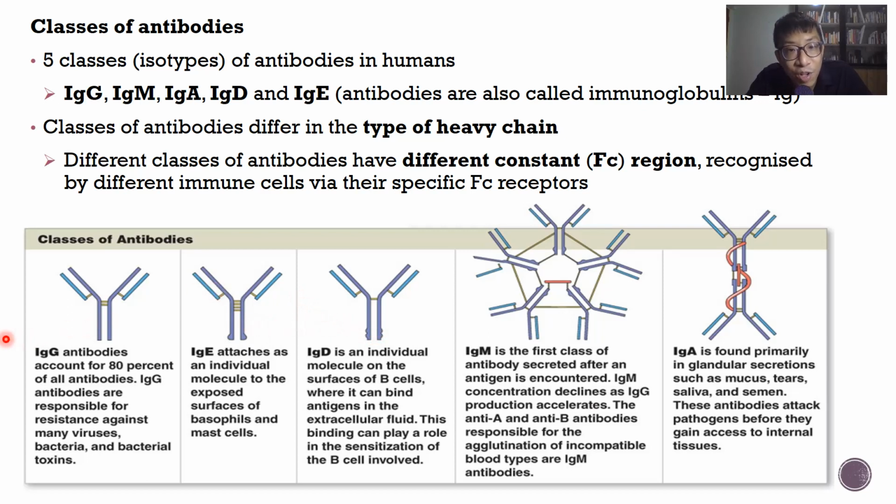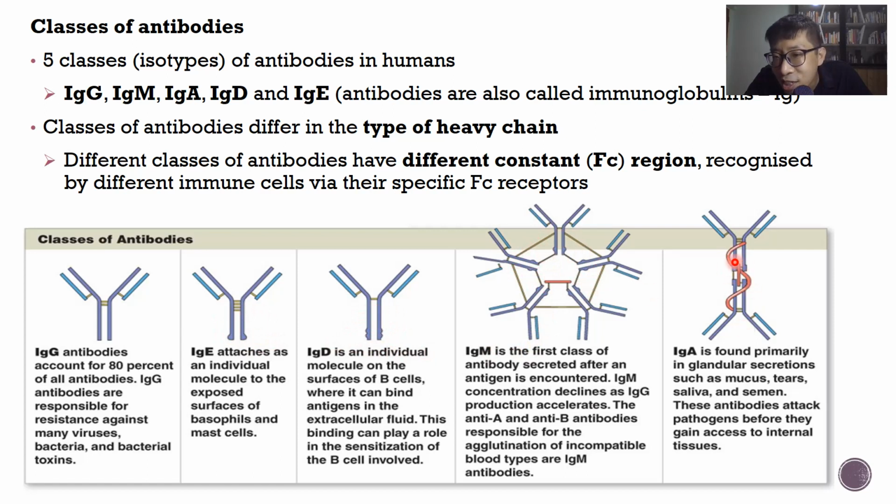in terms of structure, but they have different functions, and they are produced by plasma cells at different times and different maturation levels. Okay, as we go on in the topic, you will learn all this a bit more. So anyway, the different classes of antibodies differ in their constant region, as you can see here, represented by all these different shapes of the constant region.